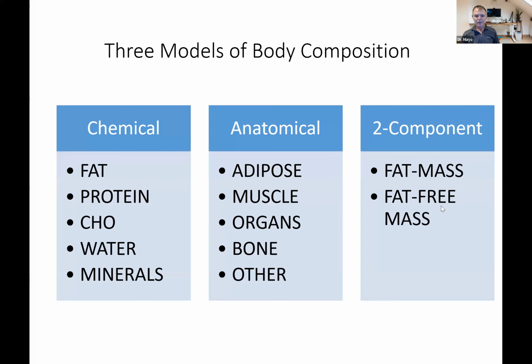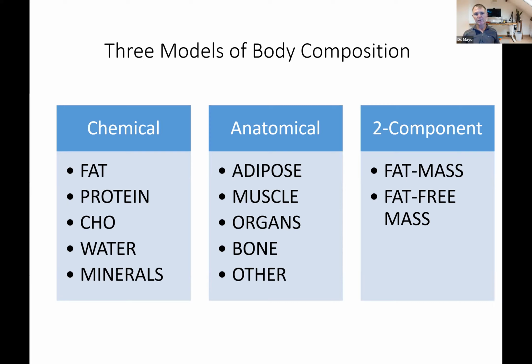Let's do this. So when we look at body composition, what we see is there are different models of body composition. Some are very technical, like this chemical model where you're looking at fat and lean muscle and water and minerals and all the things. And there's an anatomical model, and then there's a two-component model.